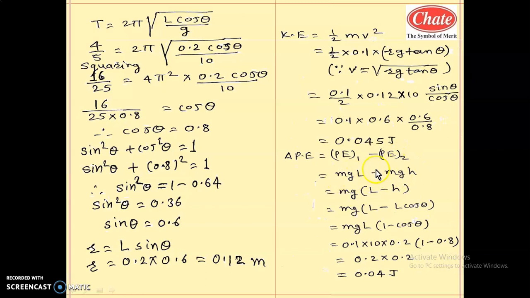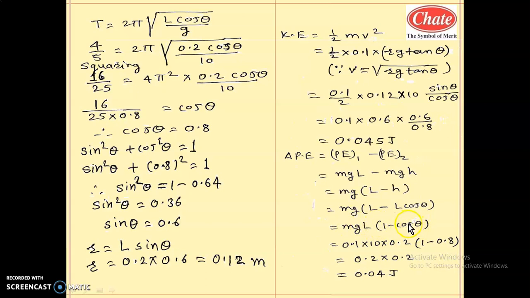So taking the difference between these two values of potential energy, so mg in bracket L minus h. What is h from the diagram? h equal to L cos theta. So L can be taken common from the bracket. So it becomes mgl inside the bracket 1 minus cos theta.